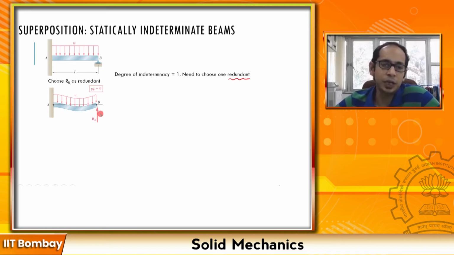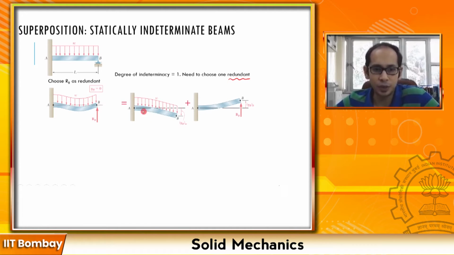Now you see, you can boil this down to one of the standard cases. If you take a look at this beam and apply the principle of superposition, how do we do this? We can have a cantilever beam with a uniformly distributed load and a cantilever beam with a point load, something like this. You have a cantilever beam with a uniformly distributed load and a cantilever beam with the point load.